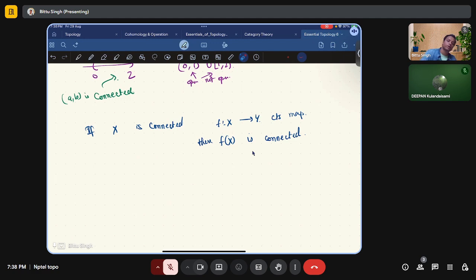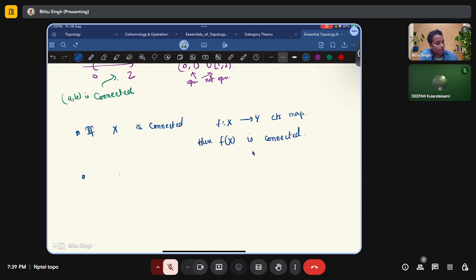Similarly, Y connected will also imply X is connected. So that is why the property of connectedness is preserved under homeomorphism. And the interesting thing is that we can do some more. We can disprove that two spaces are homeomorphic.